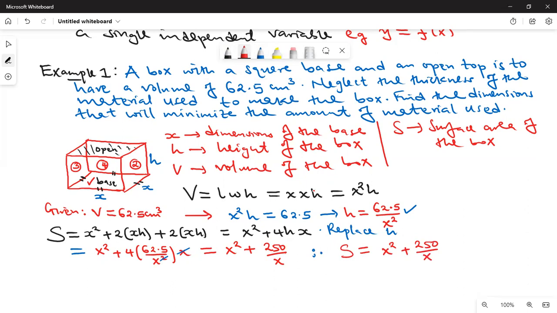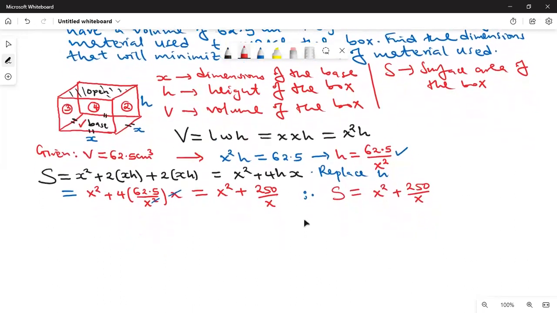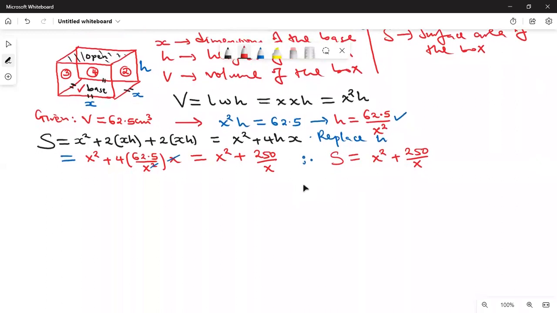We want to minimize the surface area. The task is to minimize the surface area. So I told you, every time you talk of maximizing or minimizing any given function, you must know that the derivative must be equal to 0 at a maximum or a minimum point. So our task here is to minimize s.